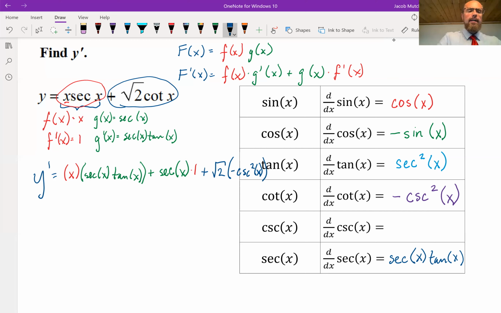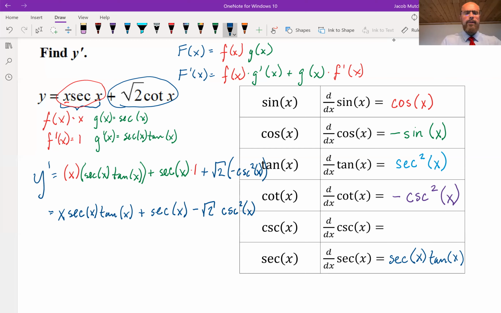I'm going to write it again in a one unified way. So from this first one, I can just write x secant x tangent x plus secant of x and then minus, I'll bring that negative out front to become minus square root 2 cosecant squared of x.